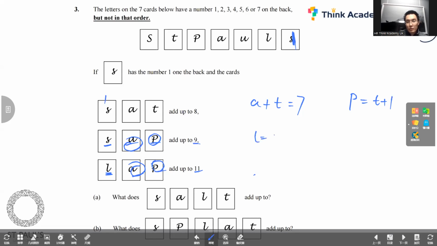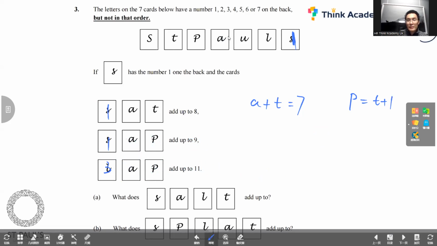So L equals 2 plus S. And we know S is 1, that means L equals 3. So we can write down S and L in numbers. This is 1, this is 1, this is 3. Okay. And then with this, we can actually write down all the values of all the cards.